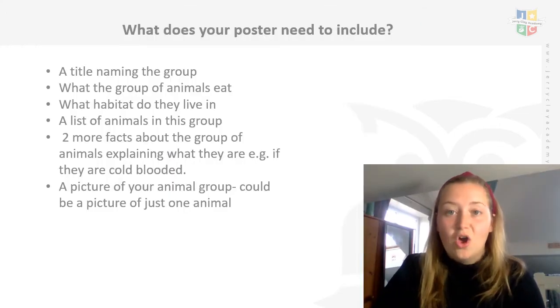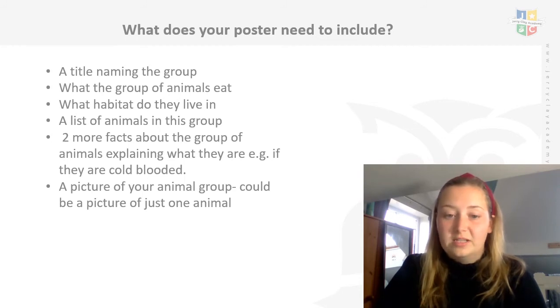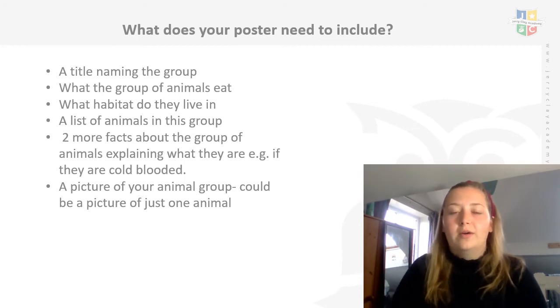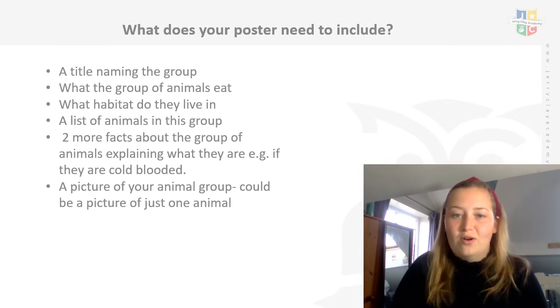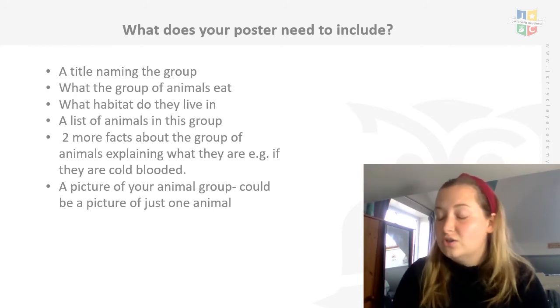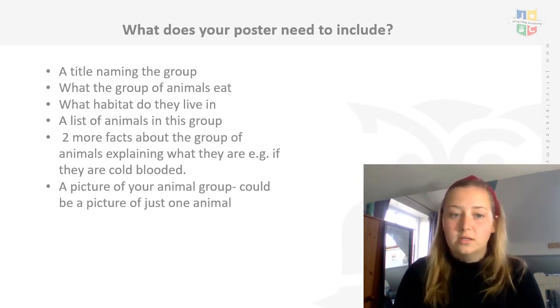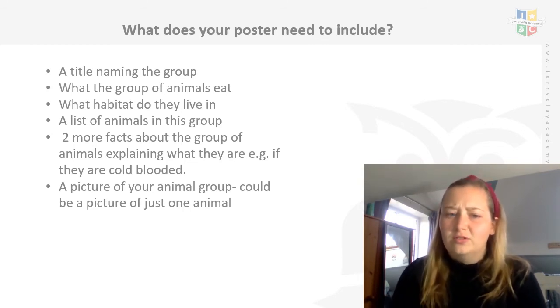Okay, so what you'll be doing is creating a poster about one of the groups of animals. Now, I've got us a little bit of a checklist, so then we know we're getting everything you want to know about your group of animals. So you'll need to do a title for the name of your group, so mammals or birds. What does the group of animals eat?